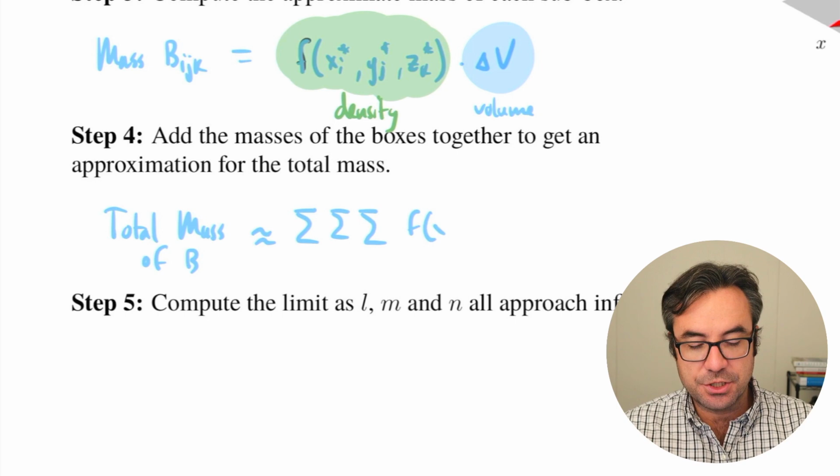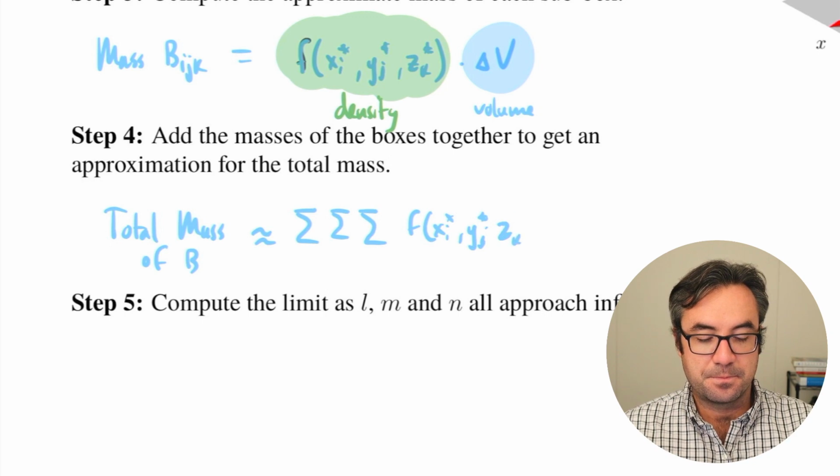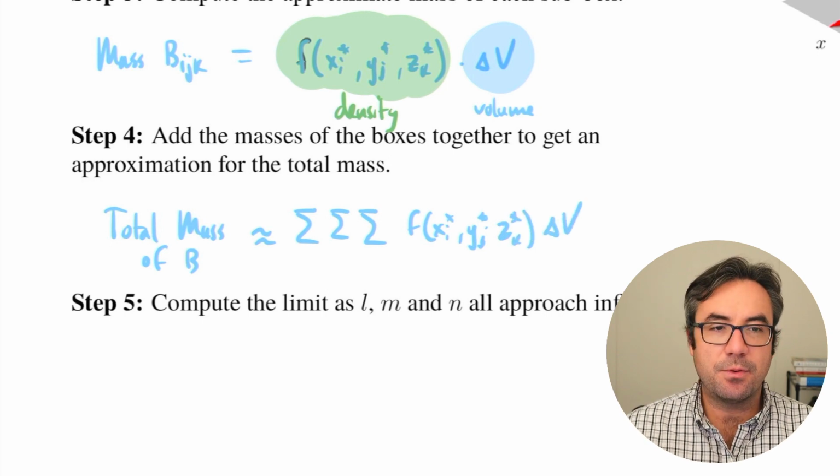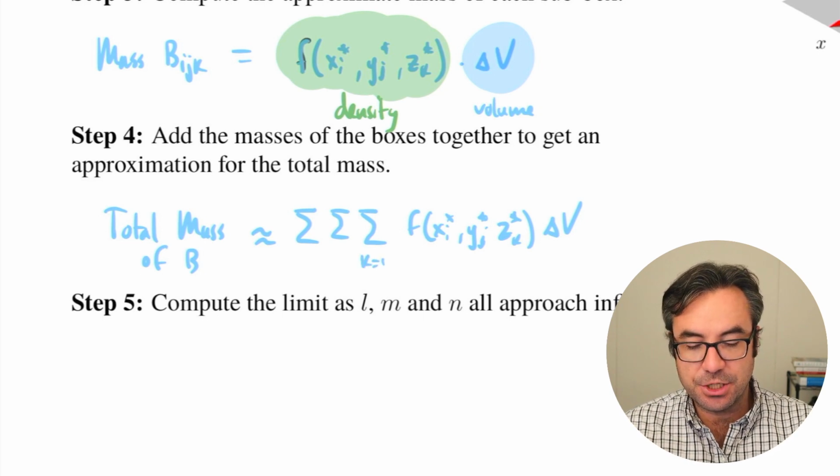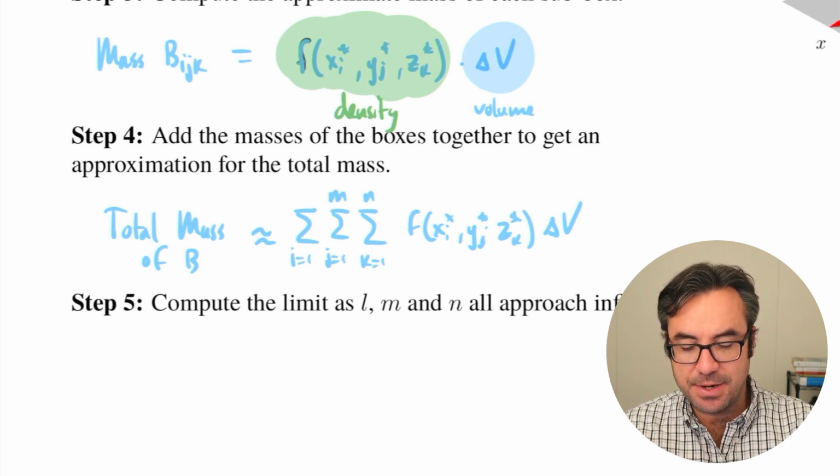So we have our function at our sample point times delta V, and then we're just adding up over each of the indexes. So we have our k summation, we have our j summation, and then we have our i summation.